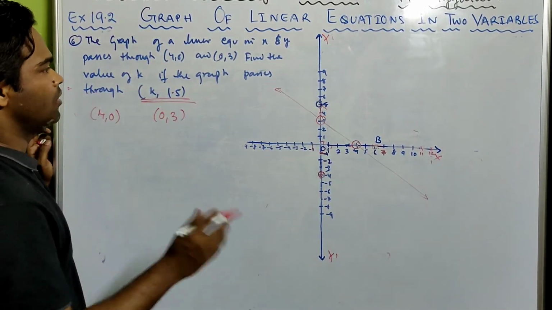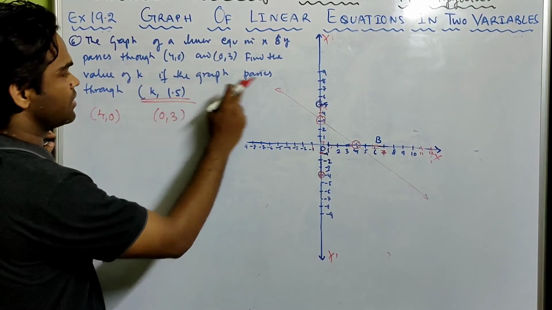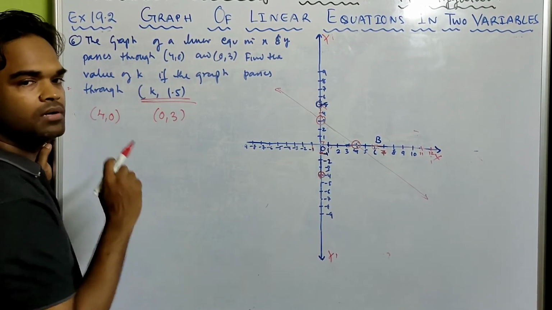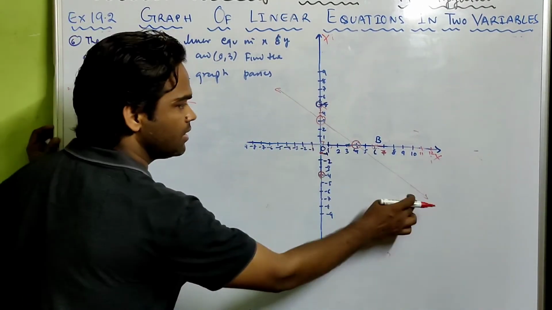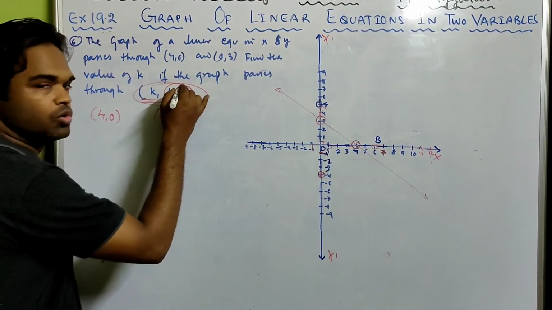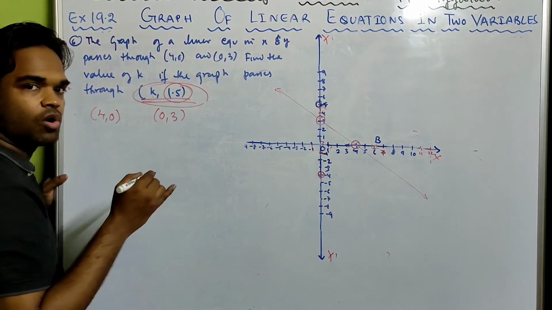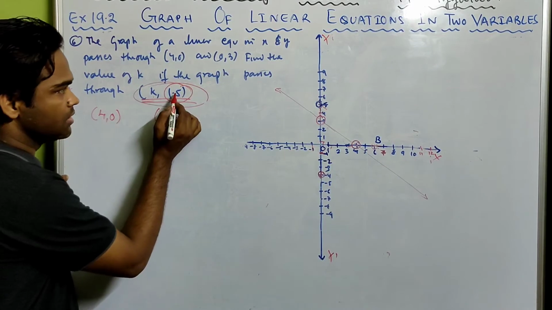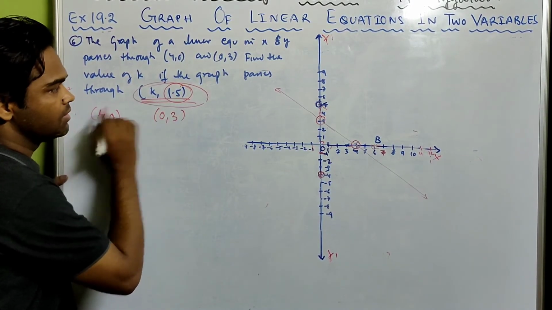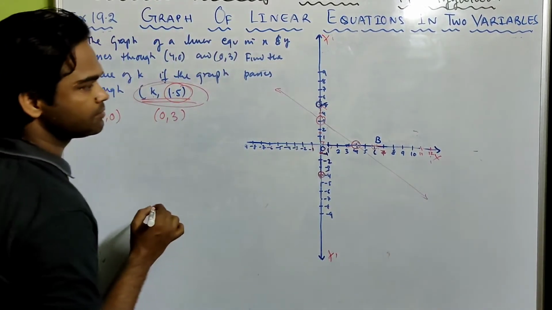Now, find the value of k if the graph passes through (k, 1.5). This line passes through a point whose ordinate, the y-coordinate, is known to you, but the abscissa is not known. See, the value of y is 1.5, so 1.5 is over here.